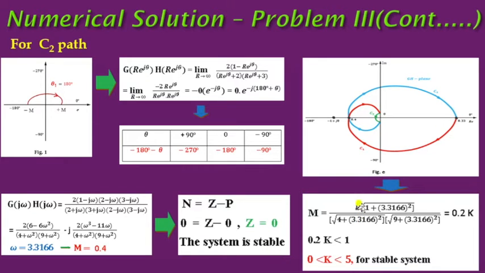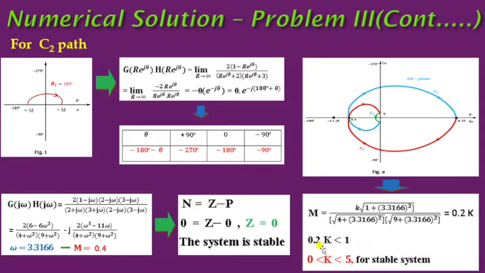But if we consider this is K, this is not 2, then put omega equal to this value, then M equal to 0.2K. Then find the range of K for a stable system.